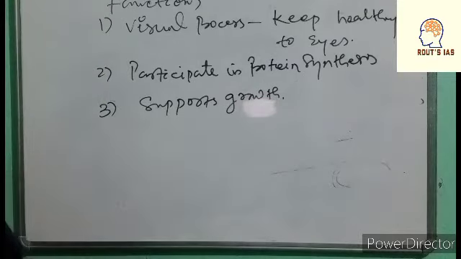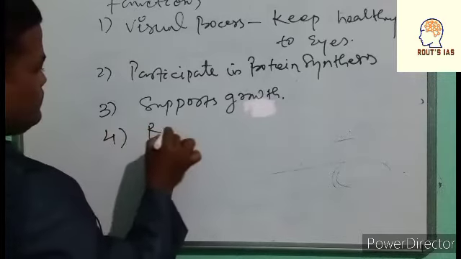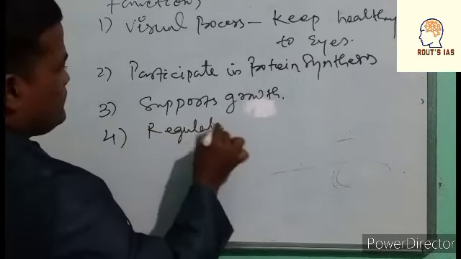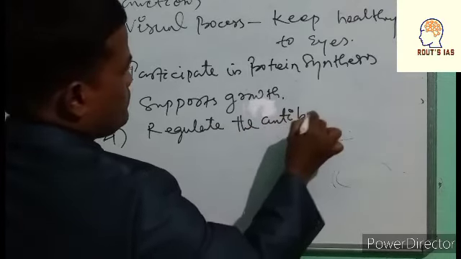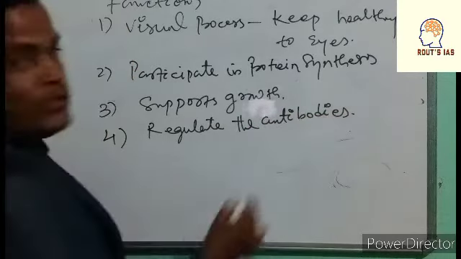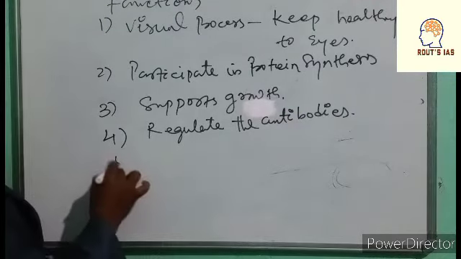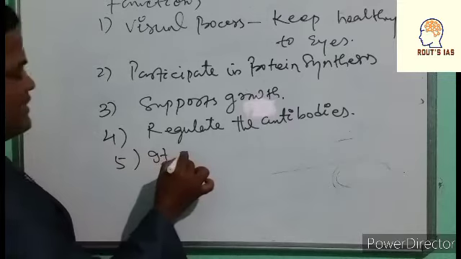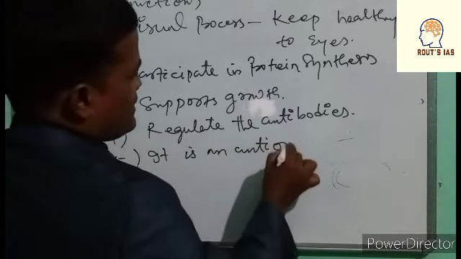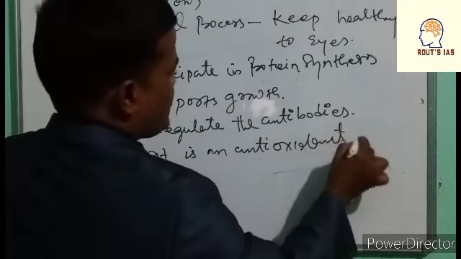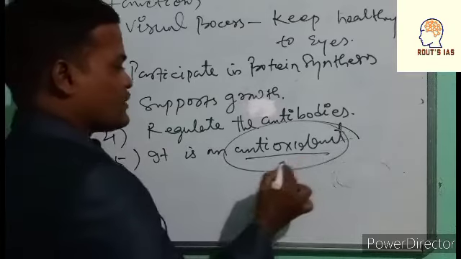Next one is that it regulates the antibodies. And it is an antioxidant. What is an antioxidant? An antioxidant is a substance which prevents oxidation.